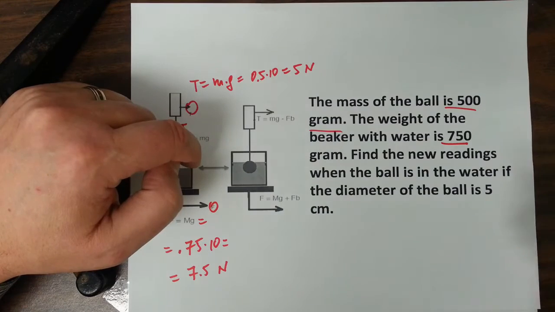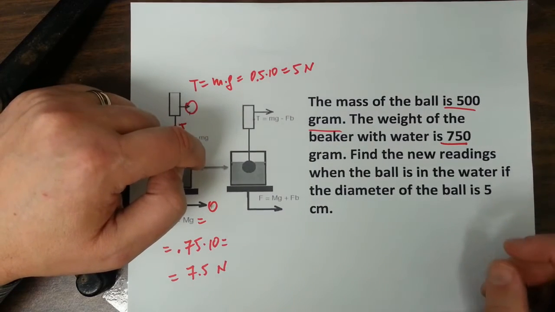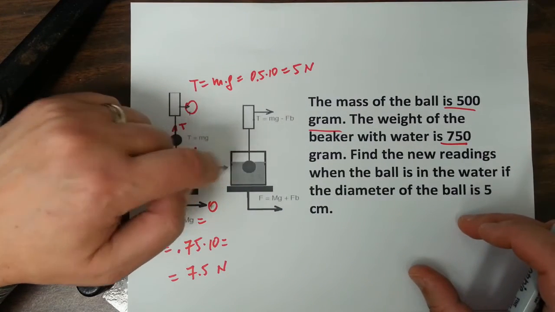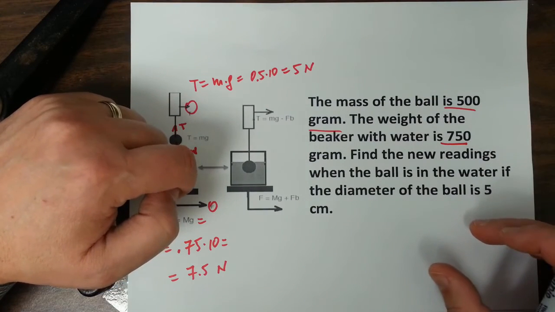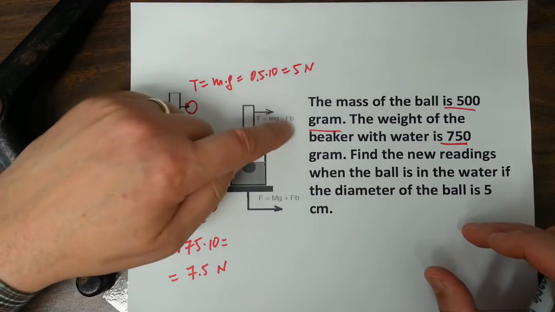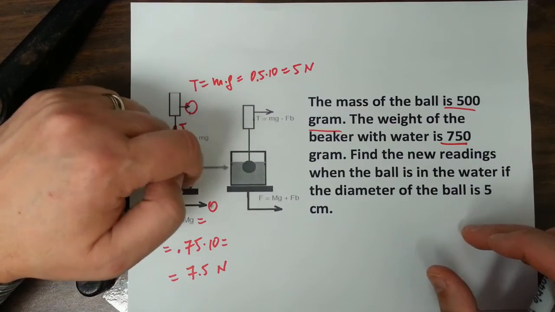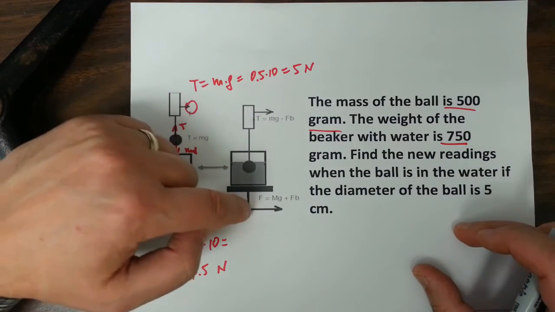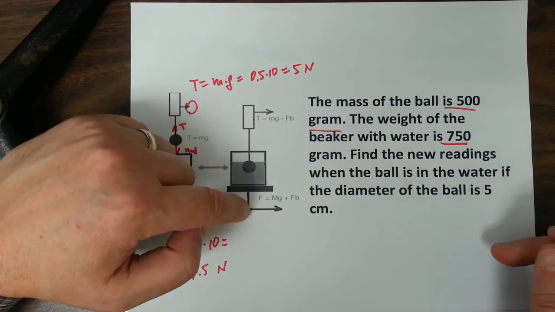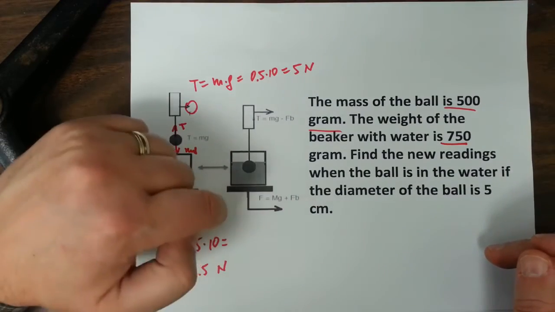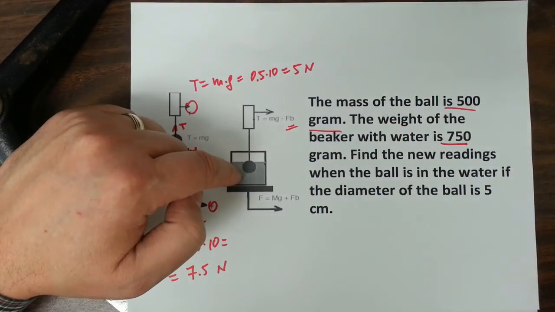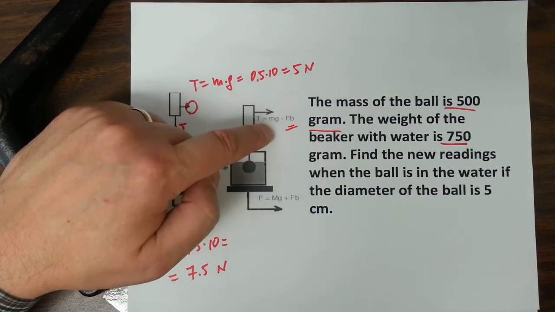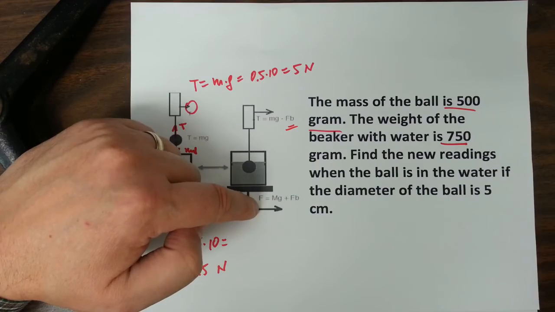However, by Newton's third law, there is a force acting from the ball on the water, and that force has the same magnitude but opposite direction to the buoyant force. That changes the reading of this scale by the same amount but in opposite direction. So all we have to do is calculate the buoyant force, and then subtract it here or add it there.